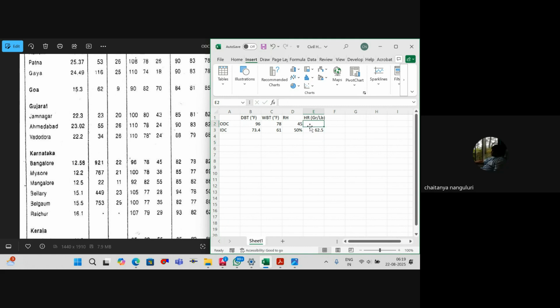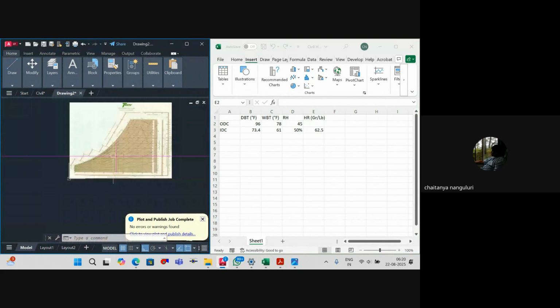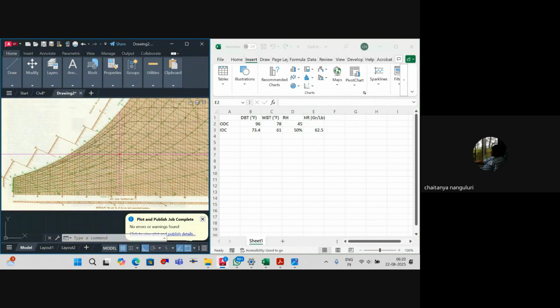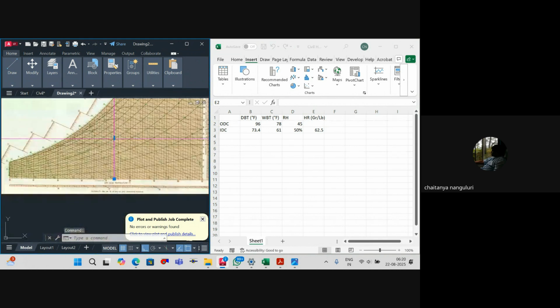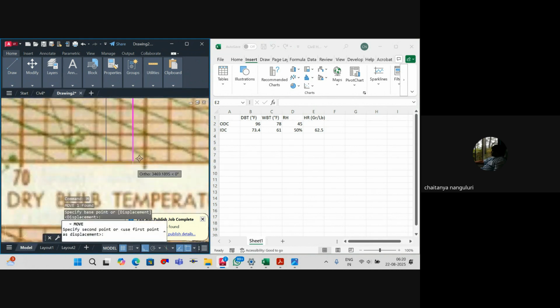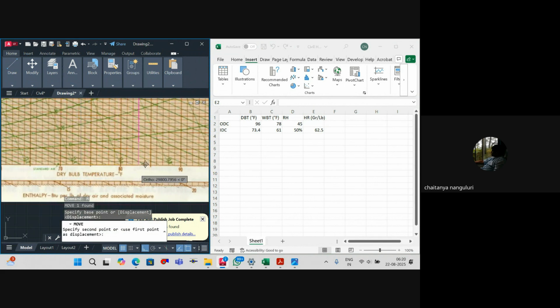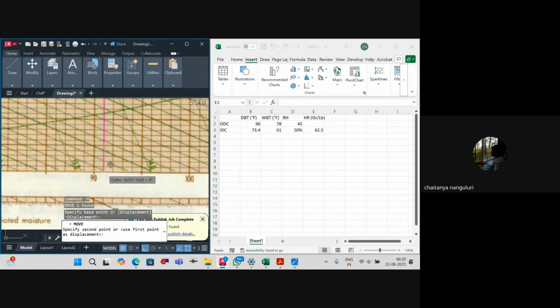So we can take these values and calculate your humidity ratio. If we want to calculate the humidity ratio, we can always use this particular chart. So now what is the temperature? 96, right? So I'll move this line from 70 to 96. So 80, 91, 92, 95 is this, and this is 96. So I can take this line.